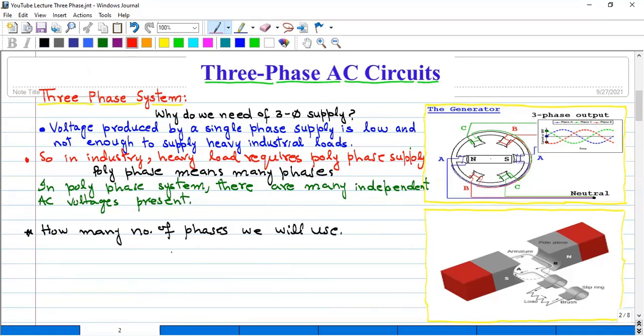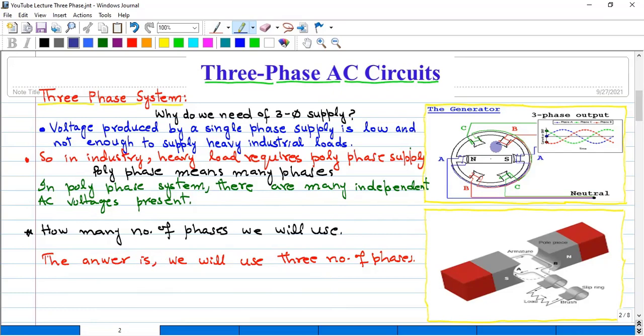The answer of this question is, we will use three number of phases. As you can see here in this diagram, there are three number of phases. This is the phase A, this is the phase B, and this is the phase C. So there are three number of phases.